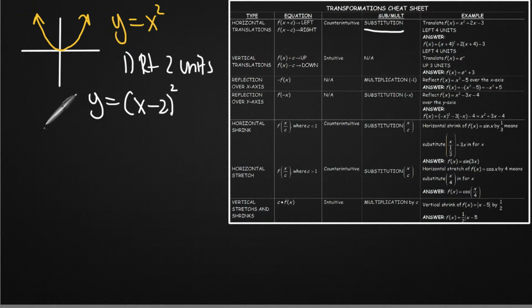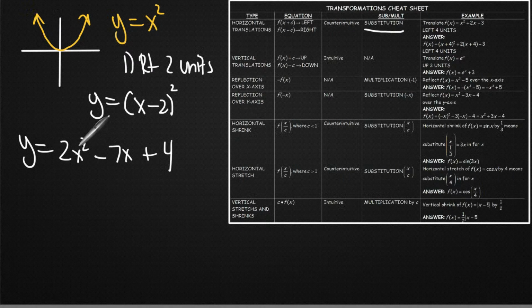Now, very important. Let's say I have y equals 2x squared minus 7x plus 4. And I wanted to take this whole function and shift it left 3 units. Well, that means first of all, it's counterintuitive. So it's not going to be left, it's not going to be negative, it's going to be plus, and it's going to be a substitution. So that means I need to take each one of these x's and replace it, actually substitute it for x plus 3.